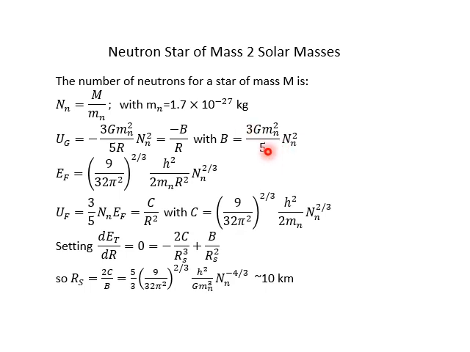It's got 3/5 Newton's gravitational constant times the total mass of the star squared. We can plug that in and calculate the Fermi energy.